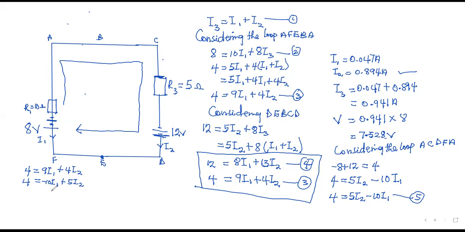Adoma, stay here. What were your answers? Did you get the same results? Yes, sir. So maybe Bella, Abraham, something went wrong somewhere. Okay, so let's multiply this equation by 10 and this by 9 so that we can eliminate I1.